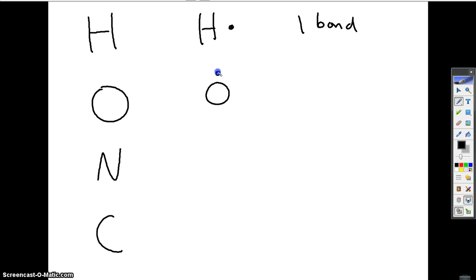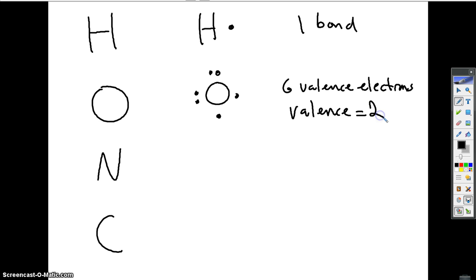So if we put those around, we have 1, 2, 3, 4, 5, 6. So it has 2 sets of completed electron pairs and 2 unbonded. So it has 6 valence electrons, but has a valence of 2, meaning it will like to form 2 bonds.